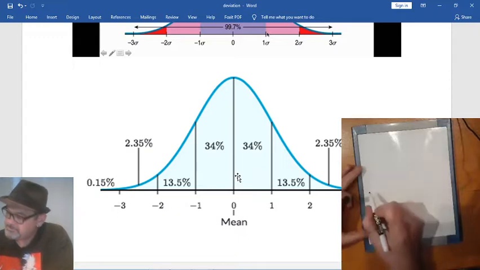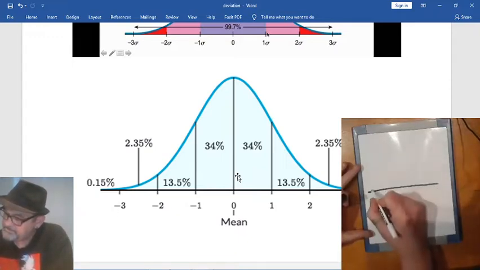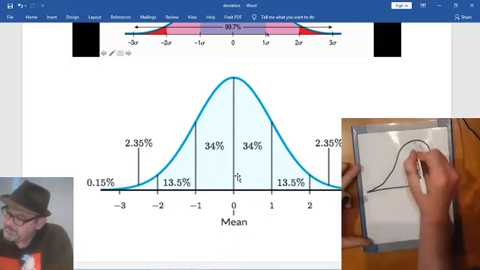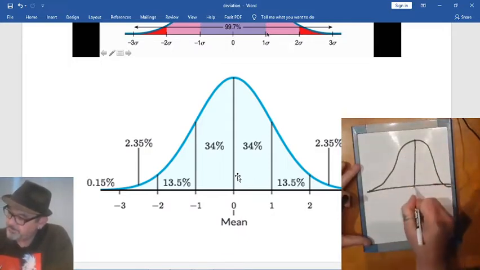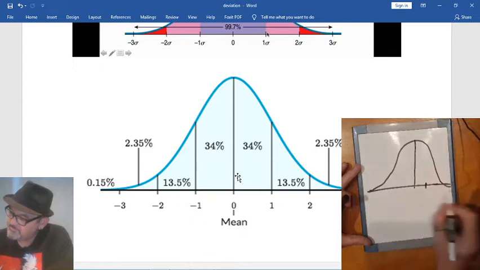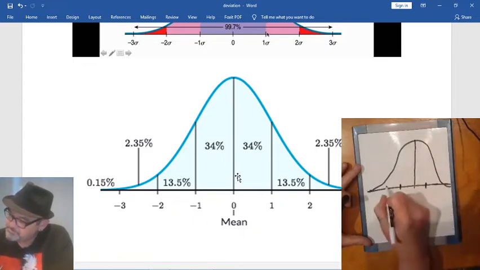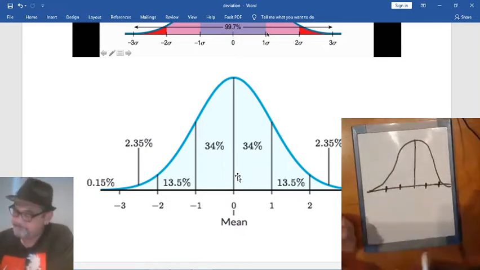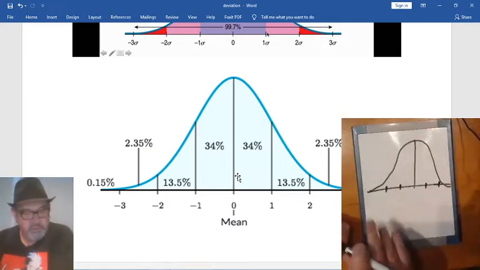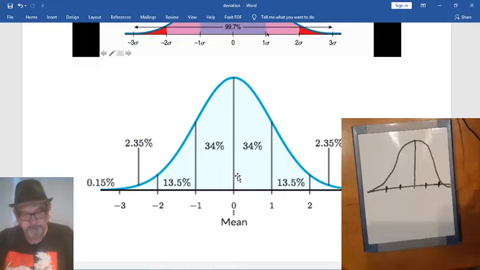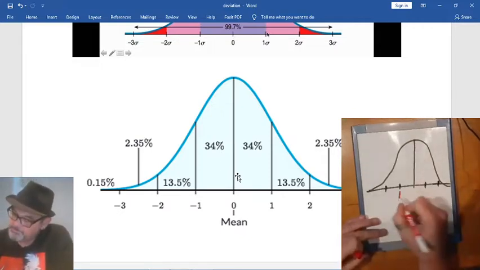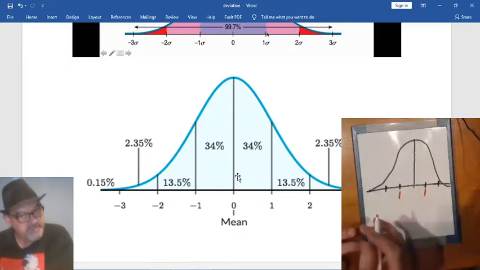So here's my curve. I'll make it a little bit bigger. All right. Here's the median right here. So this is one standard deviation, and this is two standard deviations there and there. I realize my drawing isn't really to scale, but what are you going to do? We know that 68% of the data points fall between the first standard deviations on either side, right?